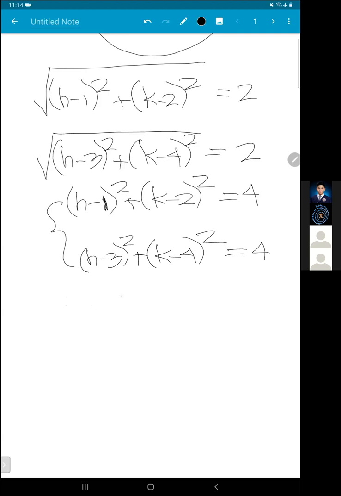So for example, if we expand the first one, h squared, I'll be rearranging, k squared minus 2h minus 4k. Now, this one, yung h squared minus 2h plus 1. And then ito yung k squared minus 4k plus 4. So meron kang 1 plus 4.